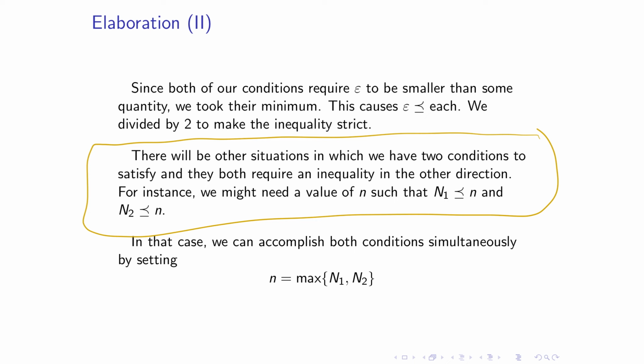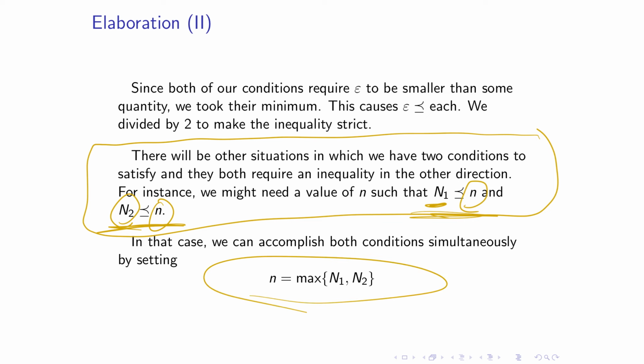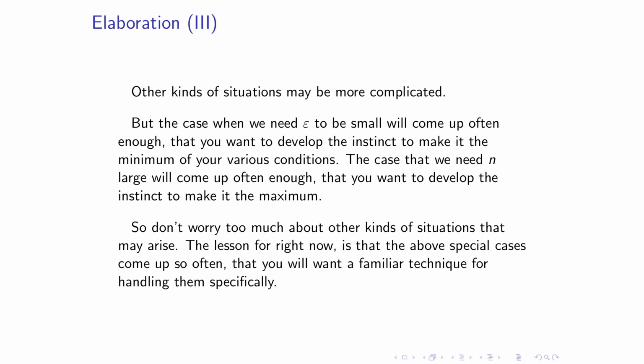So for some reason, we're going to have this n1, and we want to pick an n that is bigger. But also we're going to have an n2, and we would also like n to be bigger than n2 at the same time. And so when we want n to be big, and we have these two conditions that we must meet simultaneously, in a situation like that, we typically take the max in order for both conditions to be satisfied simultaneously.